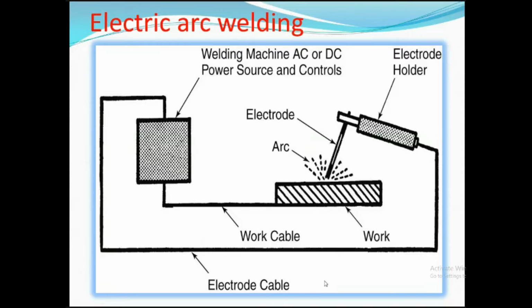The joint we make is a permanent type of joint. In the figure there is one welding machine, AC or DC, or we can say the power source and controls. Two cables are connected to the power source or welding machine: one is the work cable and the other is the electrode cable.